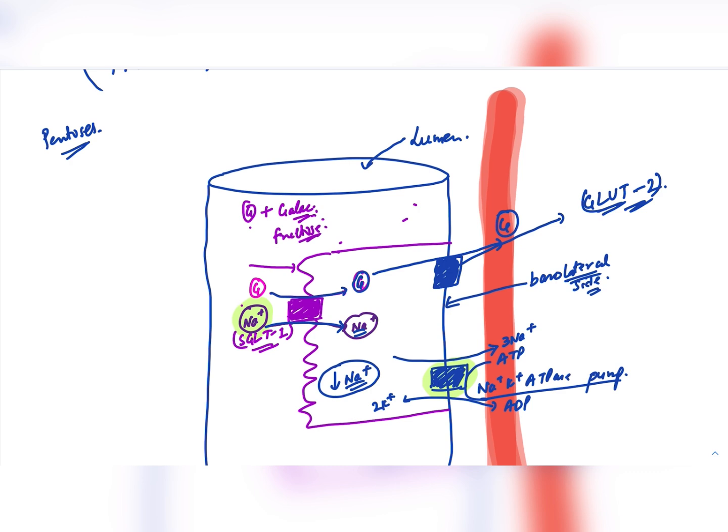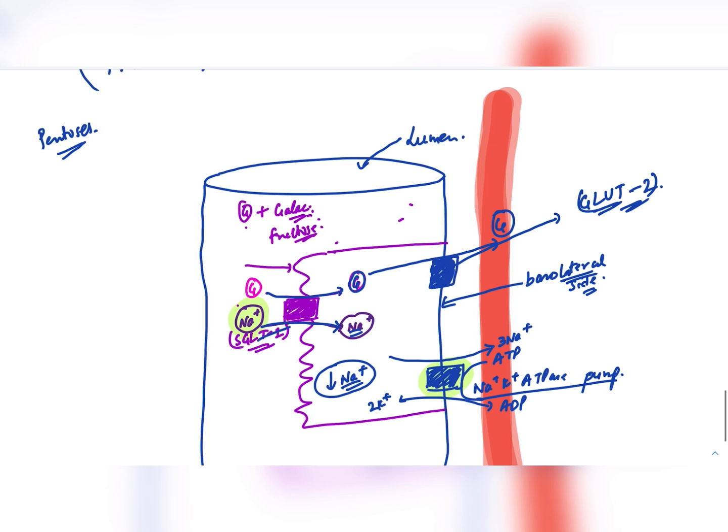The same mechanism is carried out by galactose also. Galactose also uses this sodium gradient. In the basolateral side of the membrane, it can either use glucose transporter 2 like this one, or it can use another transporter, which is GLUT5.